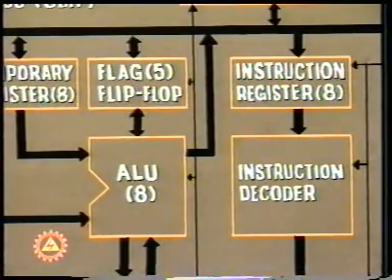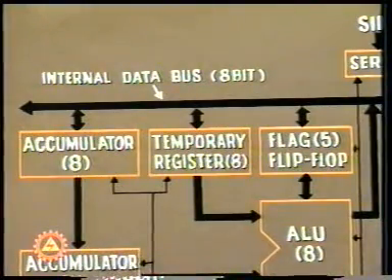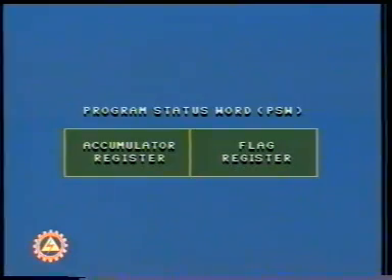There are 5 1-bit flag flip-flops which form the content of the flag register. Flags are carry, zero, parity, sign, and auxiliary carry. Accumulator and flag register form a 16-bit register pair known as program status word, abbreviated as PSW.